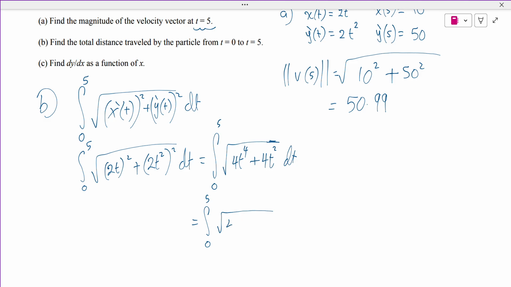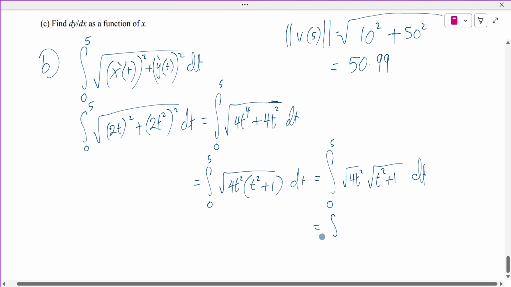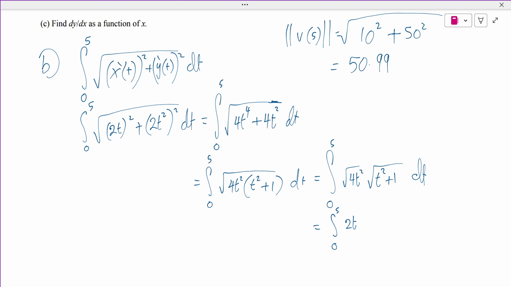This is 4t squared, and the remaining is t squared plus 1 dt, and this is the same as the integral from 0 to 5 of the square root of 4t squared times the square root of t squared plus 1 dt, which is the integral from 0 to 5 of 2t times t squared plus 1 raised to 1 over 2 dt.